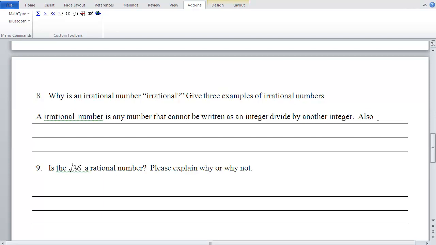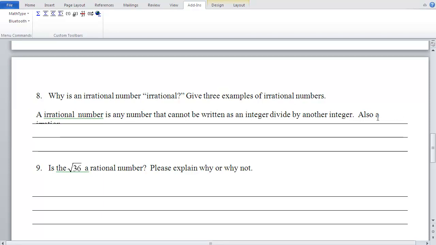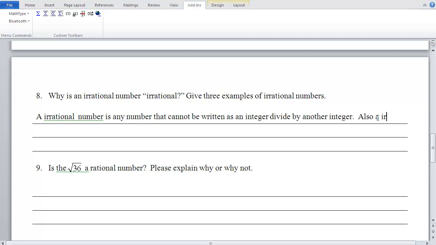Also, irrational, I gotta go down to the next line, sorry, is any number that does not have a repeating pattern in its decimal.